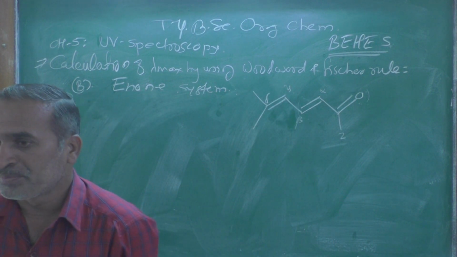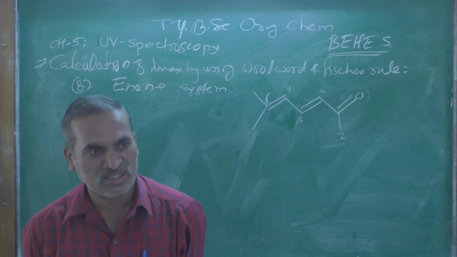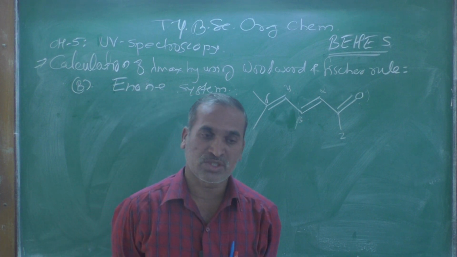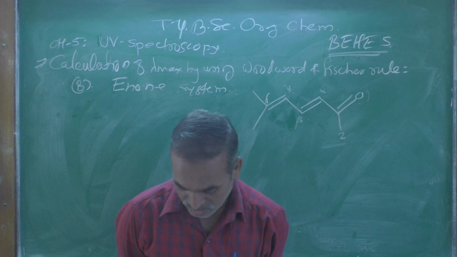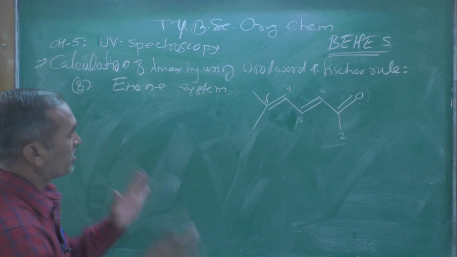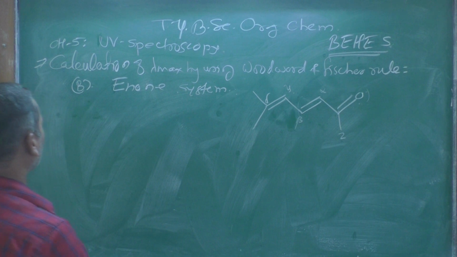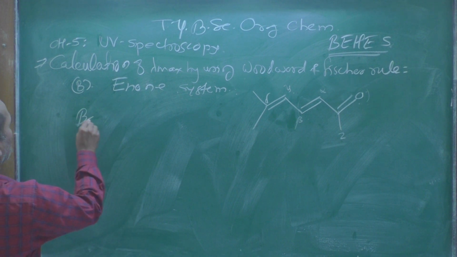Now once you identify the enone system, what is our first thing to write? The base value. Remember, there are three base values.